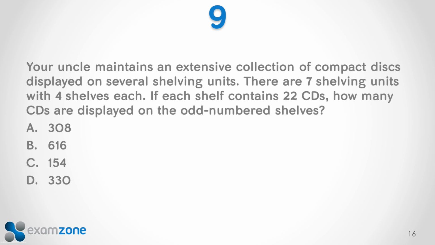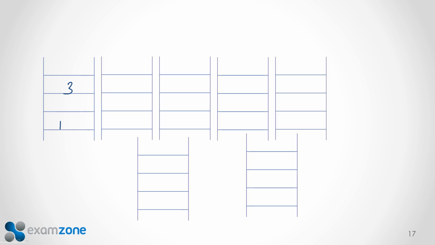Ooh, all right. 22 CDs per shelf. Yep. So that's 1 unit. And we want to know about the odd numbers. You could probably just count on your fingers too. Or for the video, I wanted to have shelves.